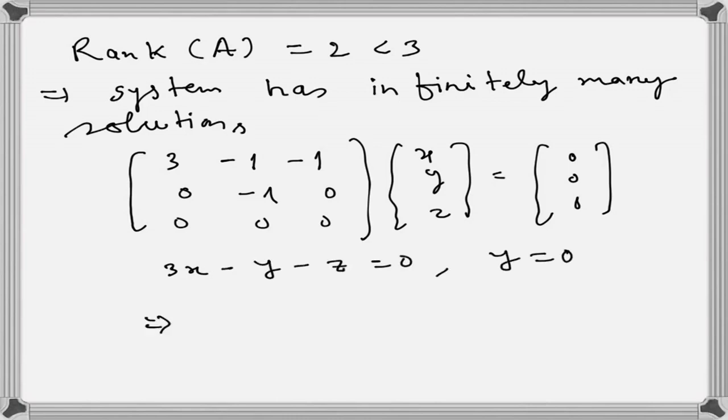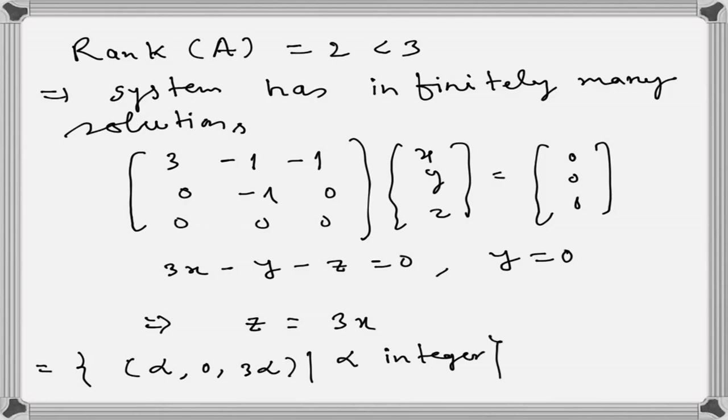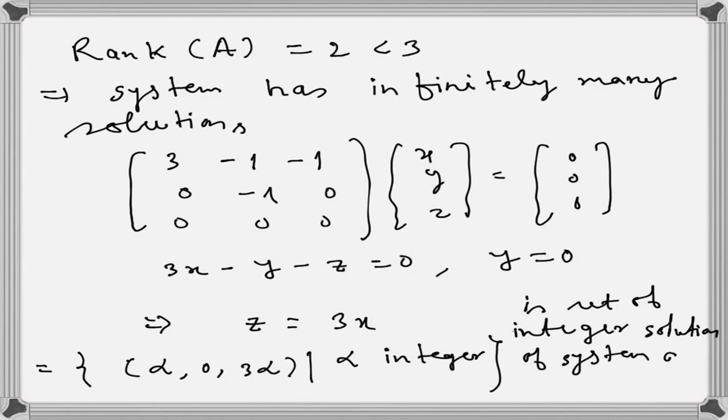Y is 0, this implies that z equals 3x. So if you take x as alpha, then the solution is alpha, 0, 3 alpha, where alpha is an integer, because we are interested in integer solutions. This is the set of integer solutions of the system of equations.